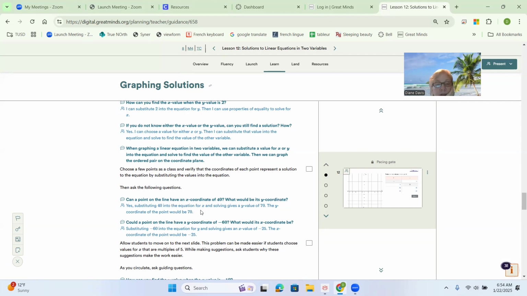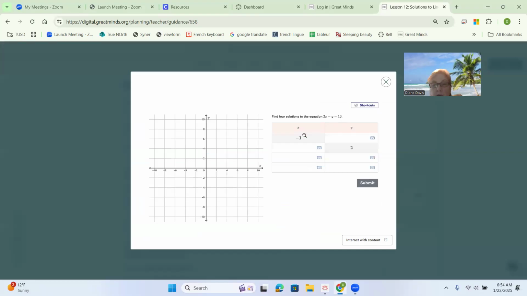And here, let's look at this. So here's the equation right here. They give you the equation. So if you substitute any number for x, you'll multiply it, you'll take it away from both sides, and then you'll have a negative y.